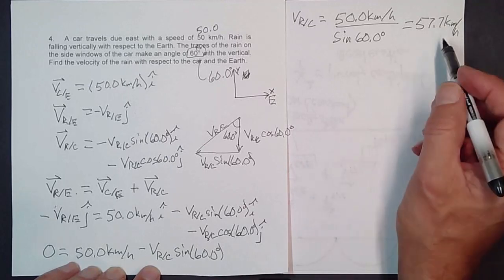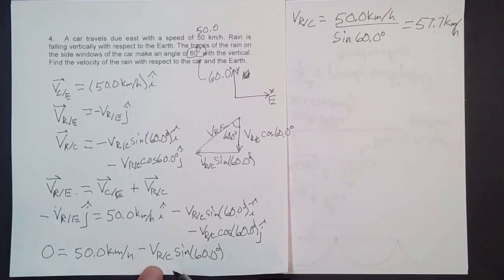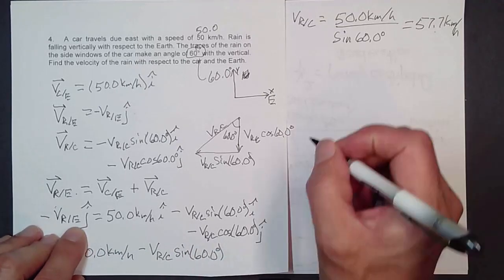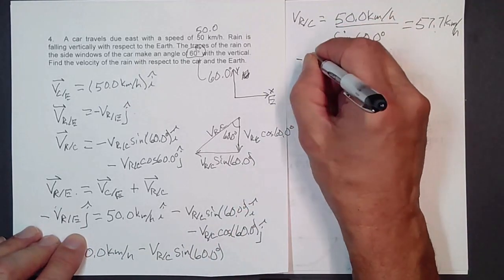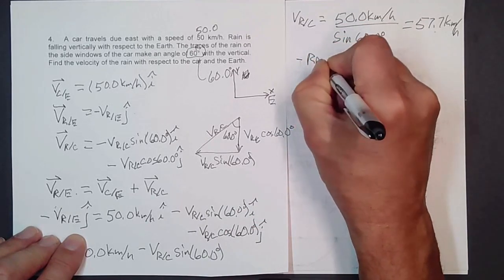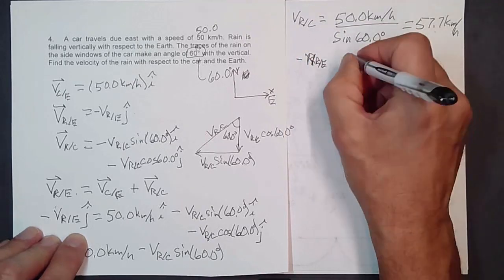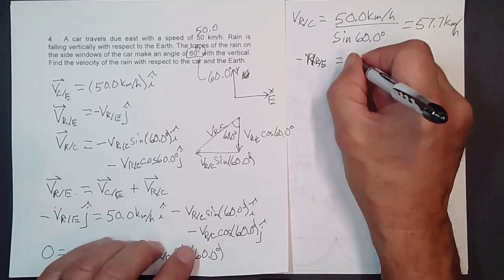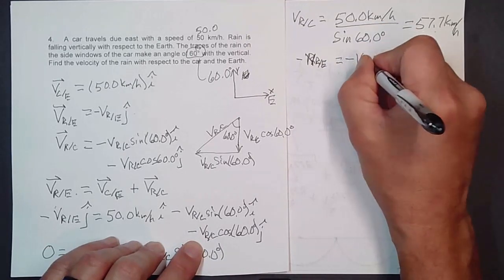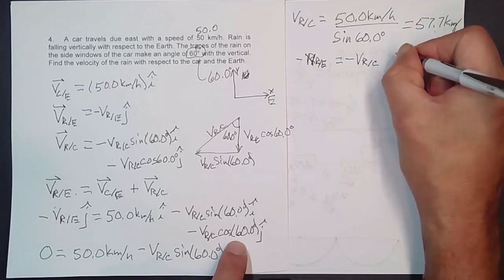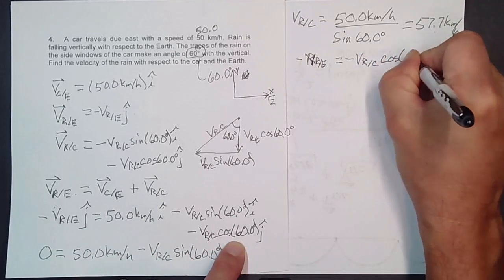I can just take this value and plug it into one of the other equations there to figure out that other one. If I do the j-hat term, I would get minus the velocity of the rain with respect to the earth. Whoops, that's supposed to be a v, is going to equal minus the velocity of the rain with respect to the car times the cosine of 60.0 degrees.